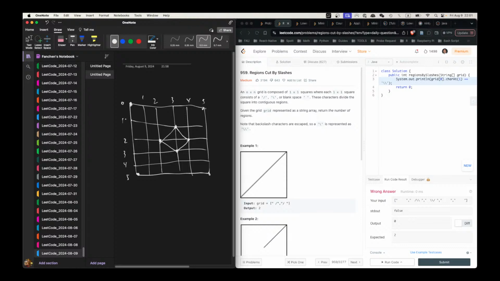Now 1 times 5 plus 0. That's actually not true. If we say this is 0, 1, 2, 3, 4, 5, that's actually 6. Well, unless you're just going to be using pairs. Oh, we can do pairs.